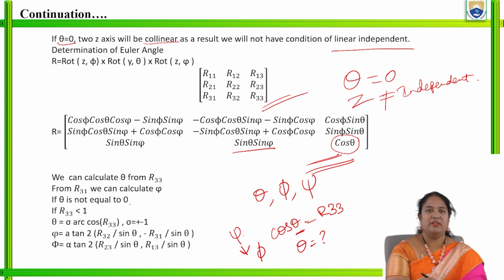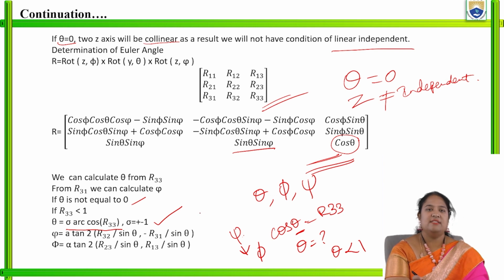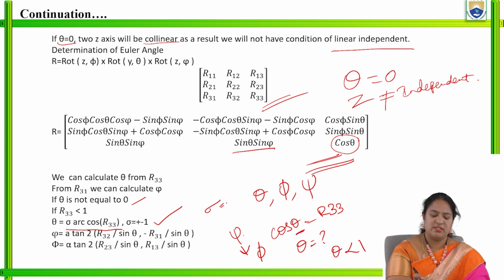Now, if theta is not equal to 0, that is if the magnitude of R33 is less than 1, then theta will be written in this form: theta is equal to a cos of R33, or with sigma equal to plus or minus 1 we write it in this equation.